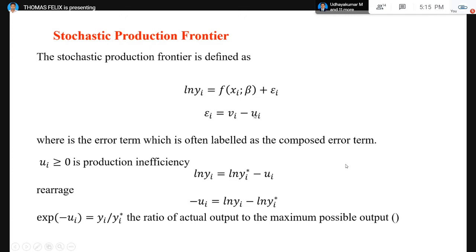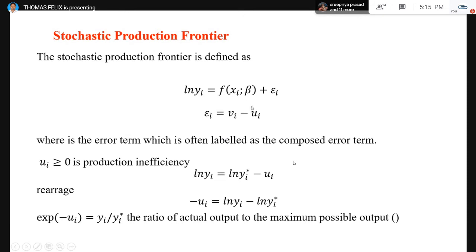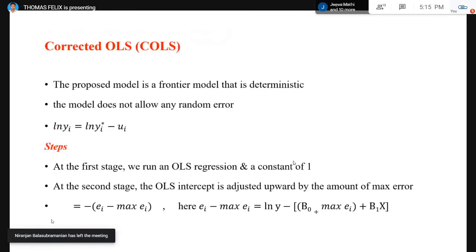Ui is the inefficiency error. When inefficiency increases, the yield reduces. On the other hand, for total cost in the cost frontier, we use plus ui. Earlier we used minus ui; in the cost frontier, we use the exponential of simply ui.